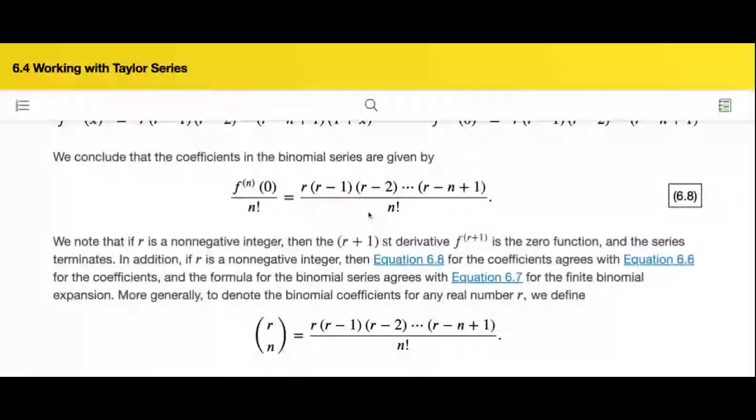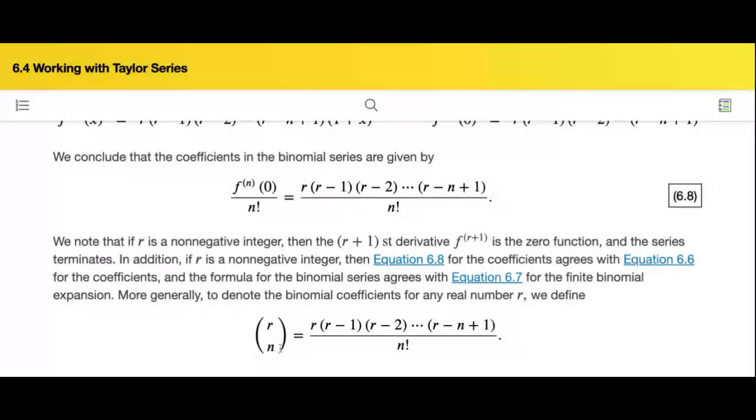That's just r choose n, right? Out of r things, choose n things. Because remember that we have r factorial divided by n factorial multiplied by r minus n factorial. What is r factorial divided by r minus n factorial? That's exactly r times r minus 1 times r minus 2, and so on, times r minus n plus 1.